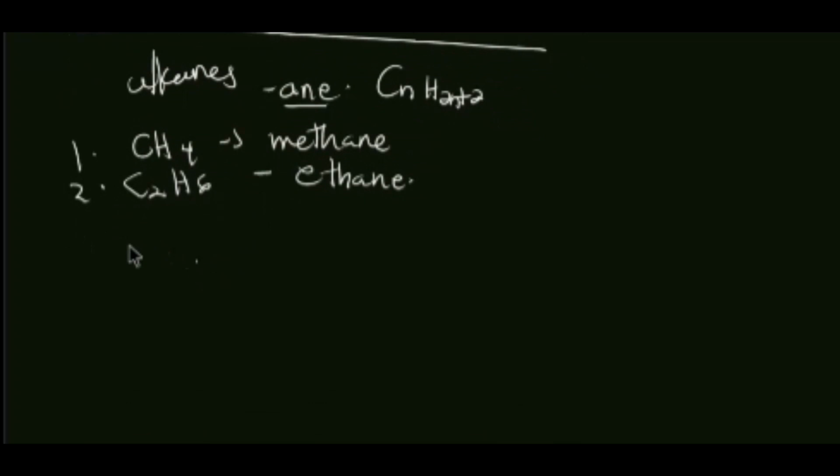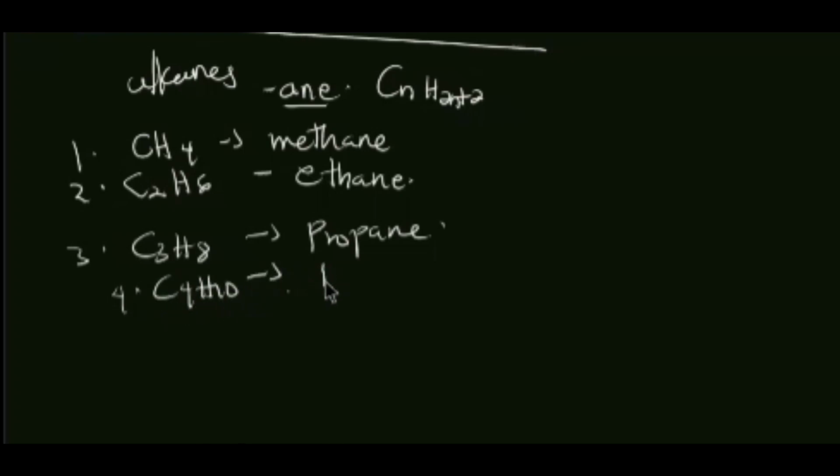The third on the list is C3H8, and that is what we call propane. Then we have 4, C4H10, that is butane. And this has 4 carbons in the chain.